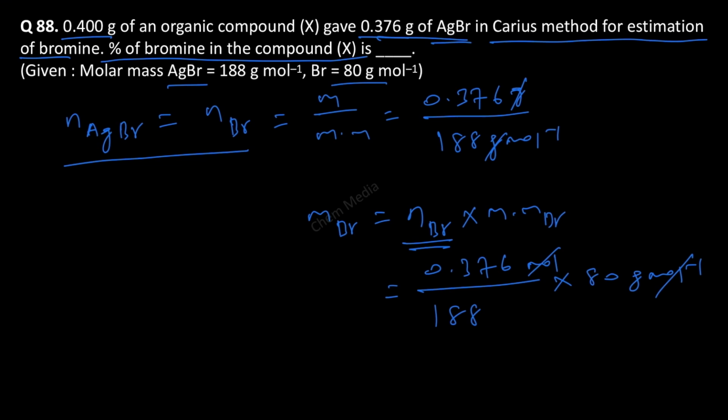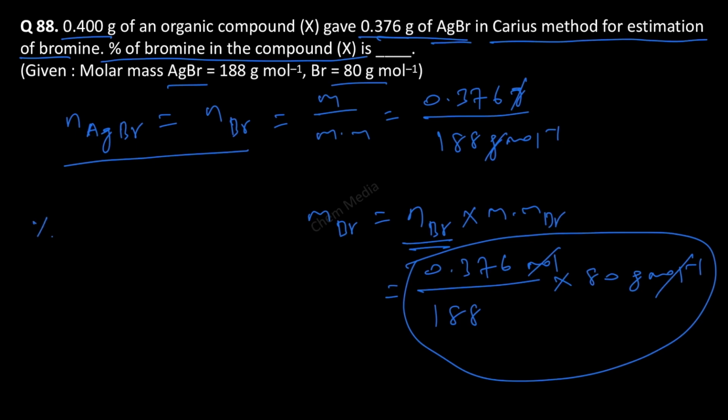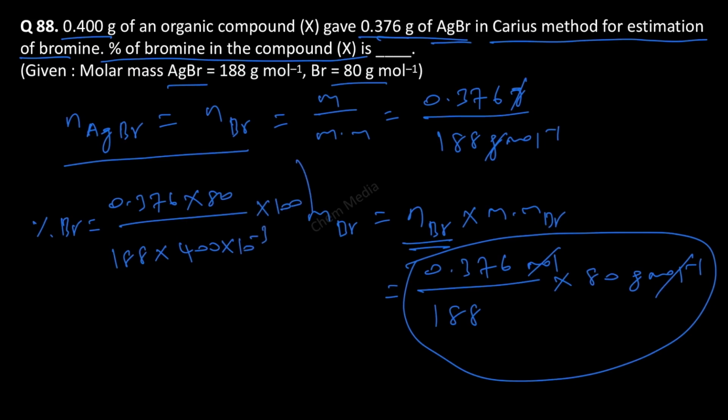Now if we have to find out the percentage of bromine, then we have to divide this entire expression by the whole compound weight and then multiply by 100. So therefore percentage of bromine is equal to 0.376 times 80 divided by 188 times 0.400, that I am writing as 400 times 10 to the power minus 3, times 100.